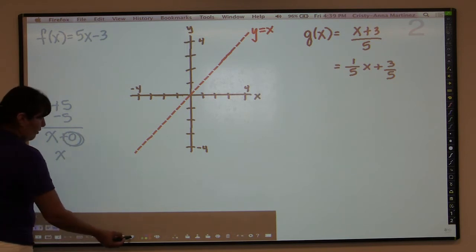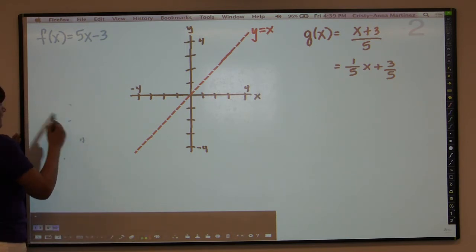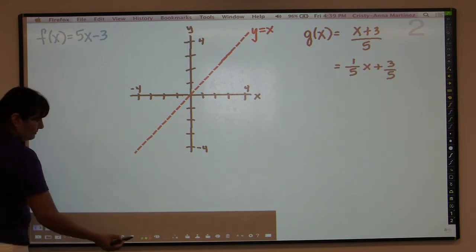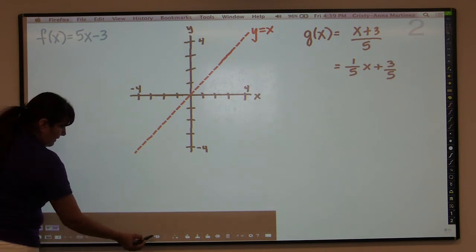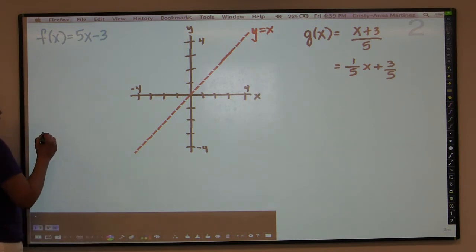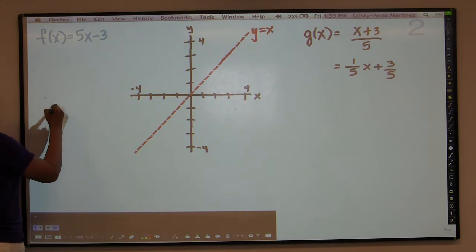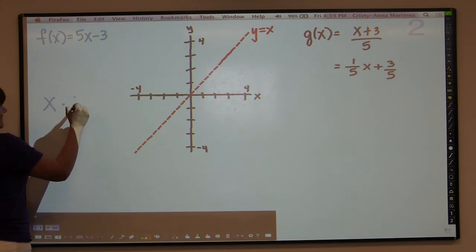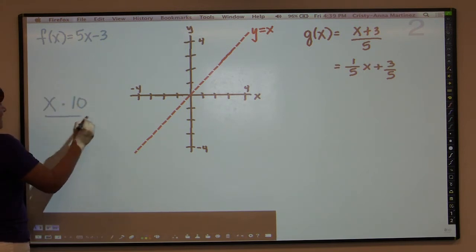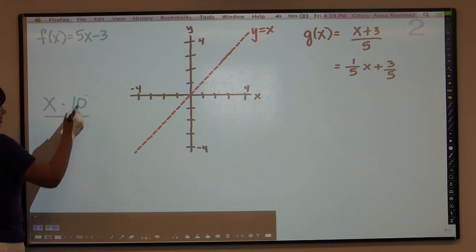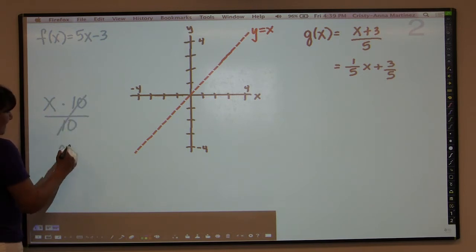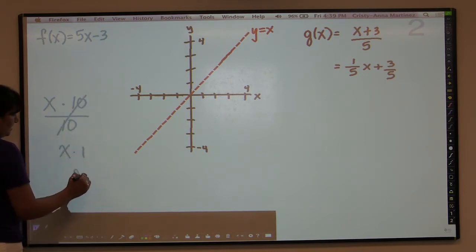Okay? Another one is multiplication and division. And again, if I have an x and I multiply it by 10, then I can divide it by 10 and they'll cancel, and basically what happens is I get x times 1, which is just x.